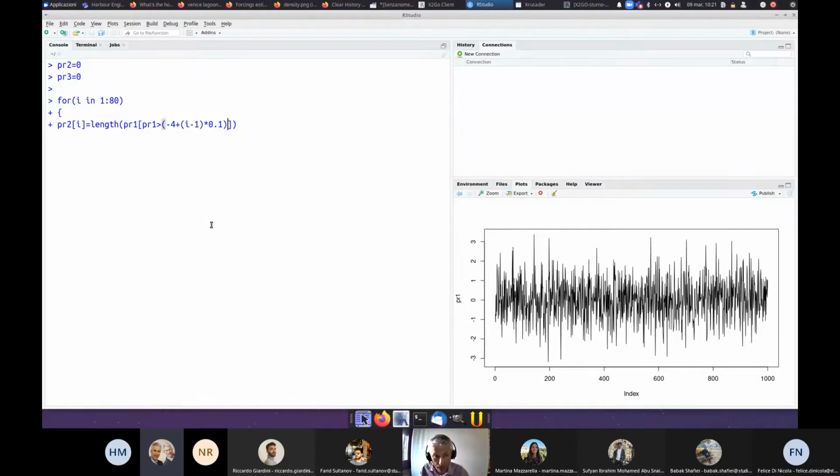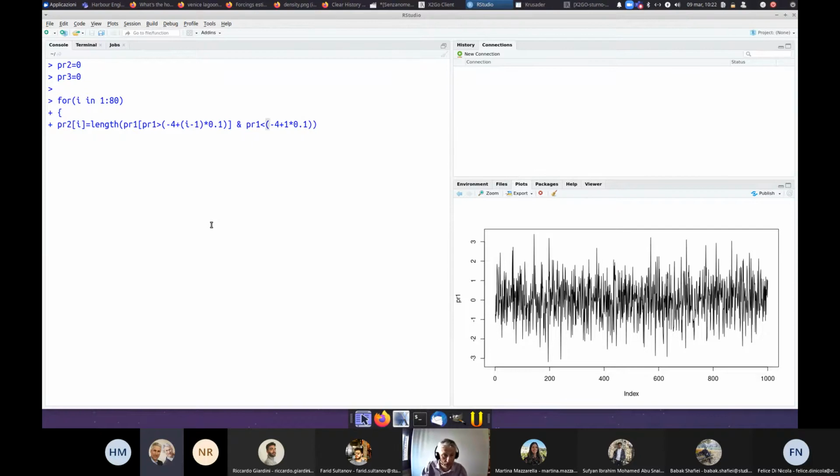Perfect. Now I have to put another condition. It's not finished, because this is the first condition, but PR1 must also be lower than what? Let me open the parentheses. It's -4 plus E times 0.1.